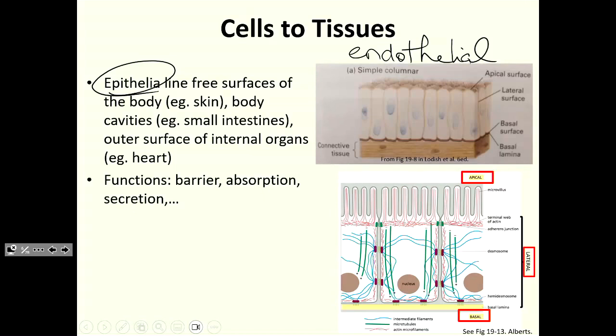I've been using the intestines a lot as an example. Those intestinal epithelial cells with the microvilli do absorption. The epithelial cells here have barrier function. When I say barrier function, what do you understand by that? Protection from what?